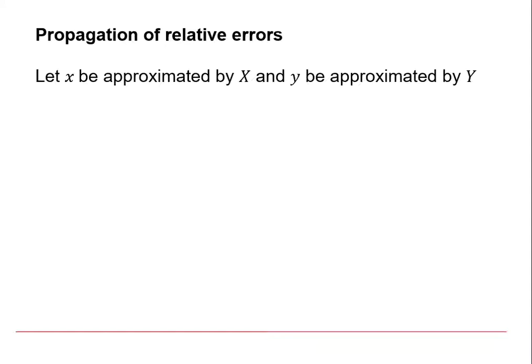So suppose that we've got two quantities x and y, and as usual little x denotes the exact value and big X is the approximate rounded value, and similarly for y.